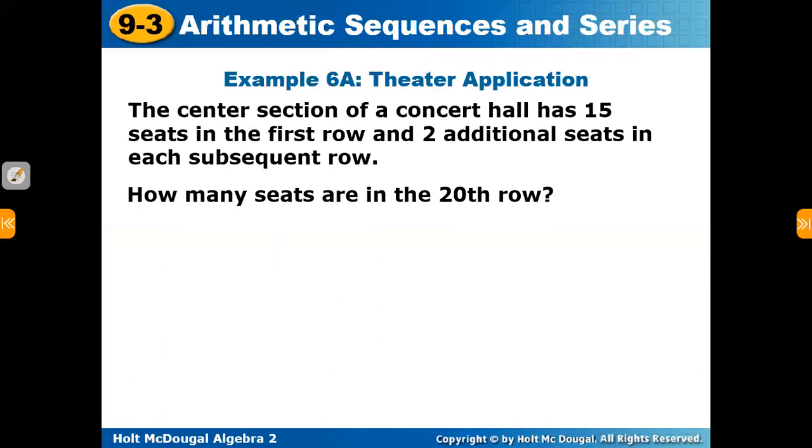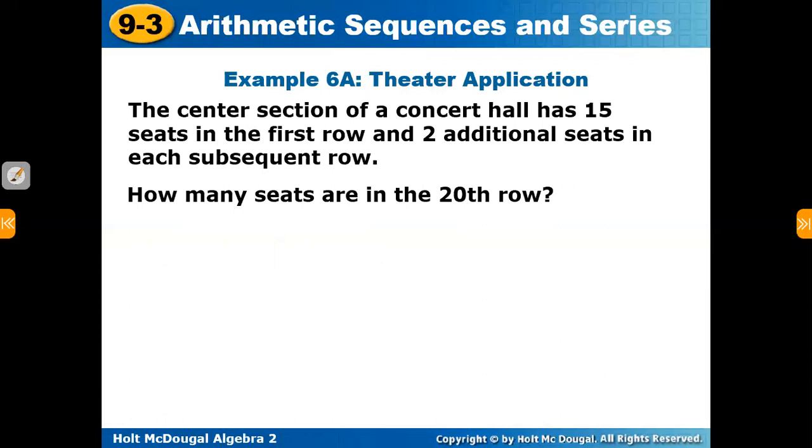Coming to example 6, problem solving application level. The center section of the concert hall has 15 seats in the first row and 2 additional seats in each subsequent row. How many seats are in the 20th row?